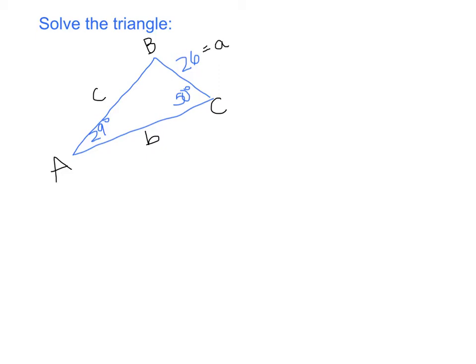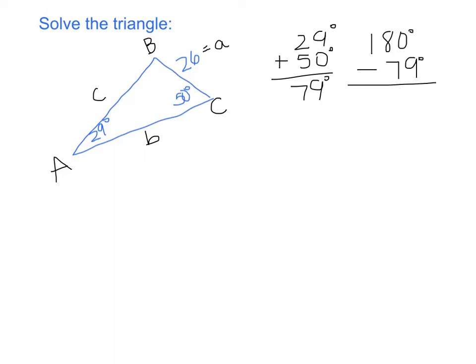Remember, all the angles of a triangle add up to 180. So I already have 29 plus 50, which is 79 degrees. To find angle B, you would do 180 minus 79, and that would give you 101.